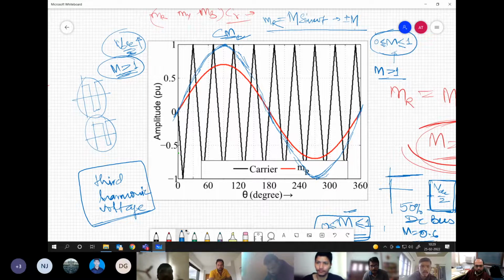Is it visible, Sampan? Yes, sir. Screen is visible, but I think it is previous slide. Which previous slide? What you are seeing now? Sir, I am seeing the first figure that you draw linear modulation and touching the peak. Which is what I am teaching now. Yes, sir. Do you see my pen moving here? Yes, sir. Yes, sir. Then fine, you are there. Yes.